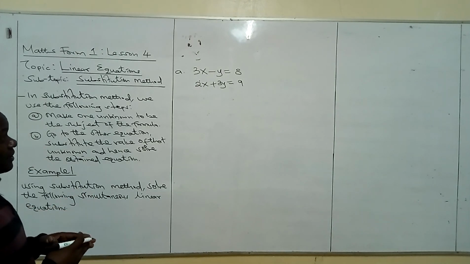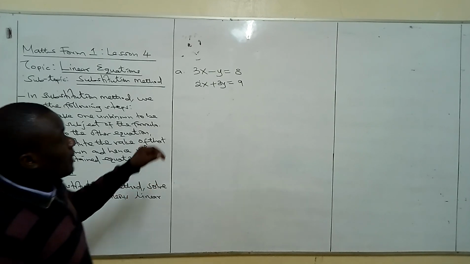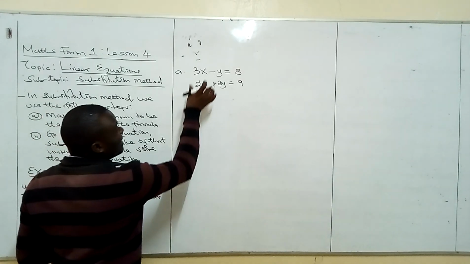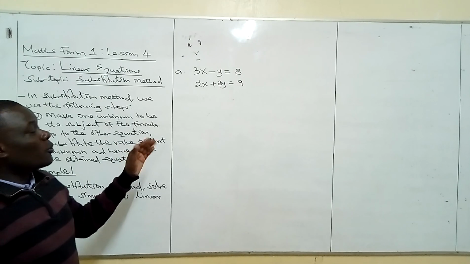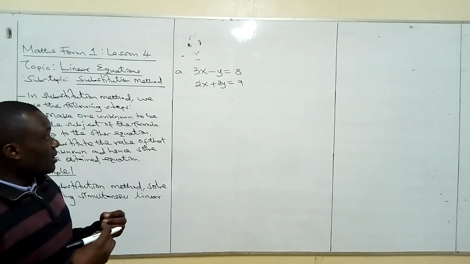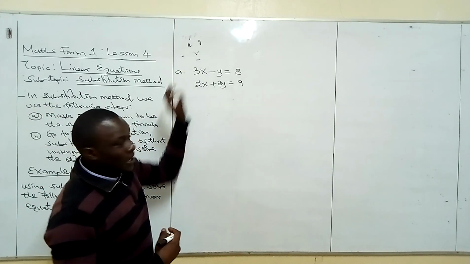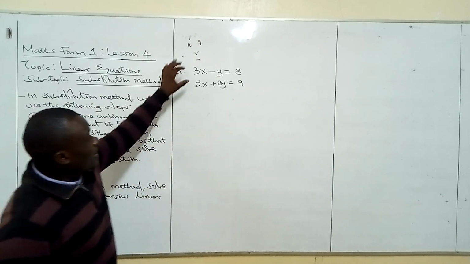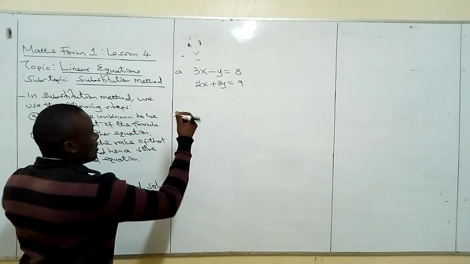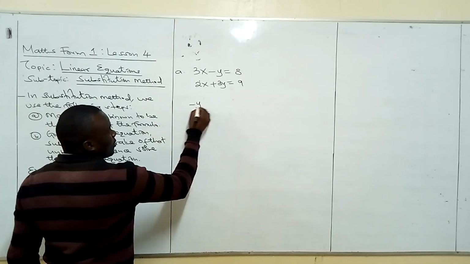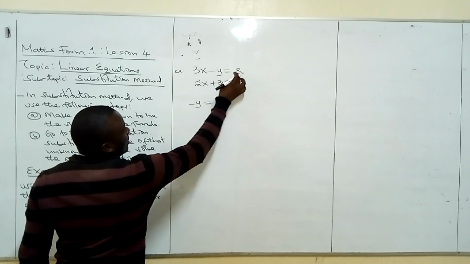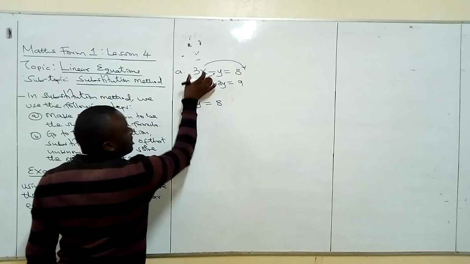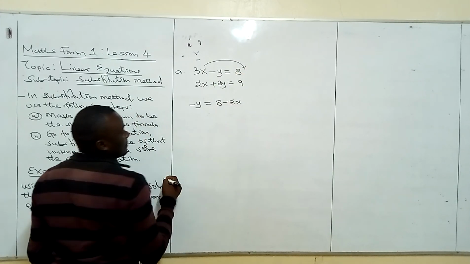We can decide to use the first linear equation, so that in that particular equation, we decide which letter to make the subject. In my case, I want us to take y because its coefficient is 1. Then we take 3x to the other side. So you will see me saying that minus y is equal to 8 minus 3x. The 3x is positive, it will become a minus.